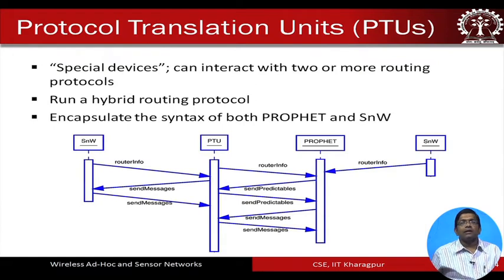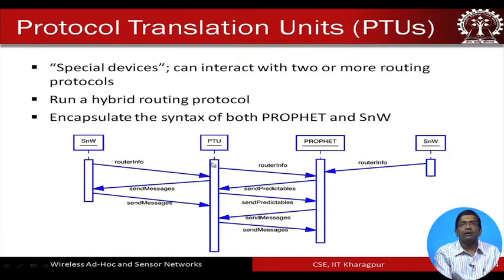This is something that we had proposed: the use of protocol translation units, PTUs. Let us say there are two nodes following two different routing protocols, SNW and Prophet, one using store and wait, the other using Prophet.